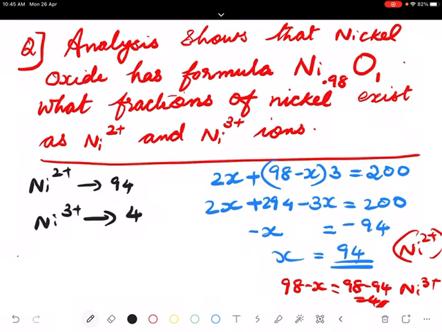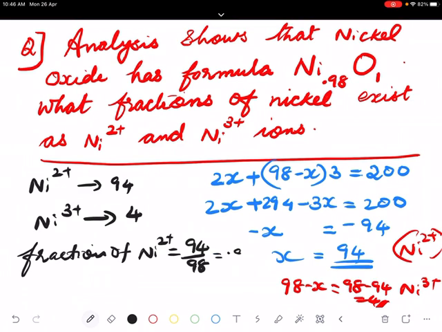So the fraction of Ni2 plus, that is 94 upon 98. 94 upon 98 is equal to 0.96.